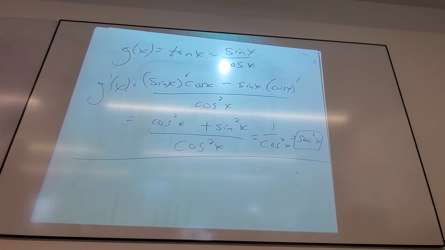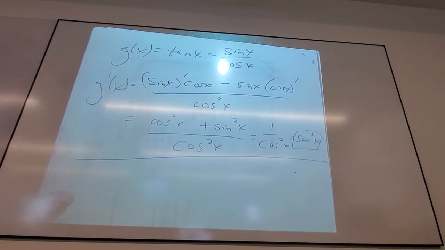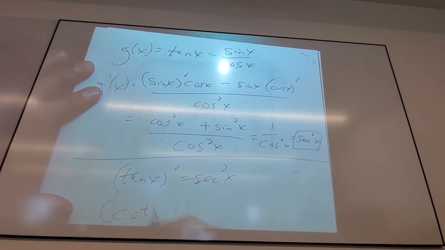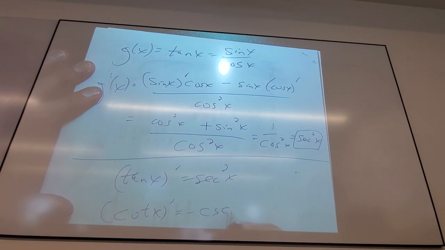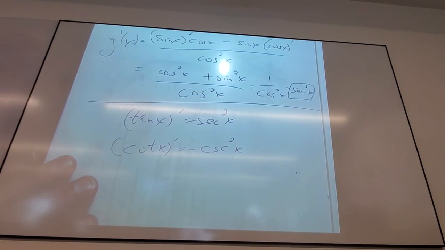So now we know the derivative of cotangent is negative cosecant squared. So the derivative of tangent is secant squared. The derivative of cotangent is negative cosecant squared. All the co stuff comes out negative.